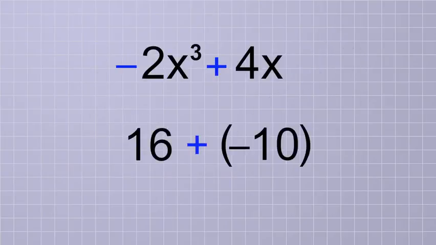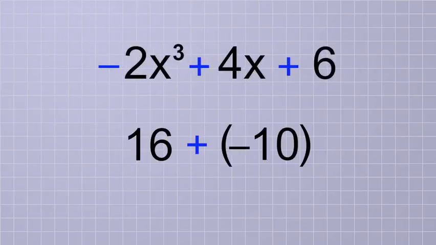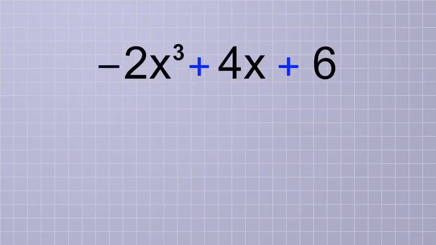So if you add them together, you end up with positive 6. Remember, it's best to think of all terms in a polynomial as being added, but they can have coefficients that are either positive or negative. That's why this negative sign stays here with the 2x cubed term, because it's a negative term. So this polynomial is now as simple as it can be since there are no other like terms.